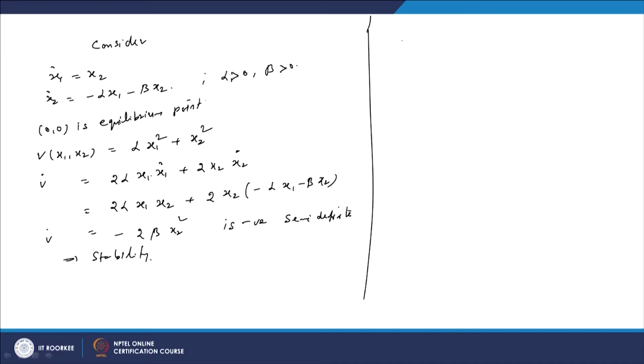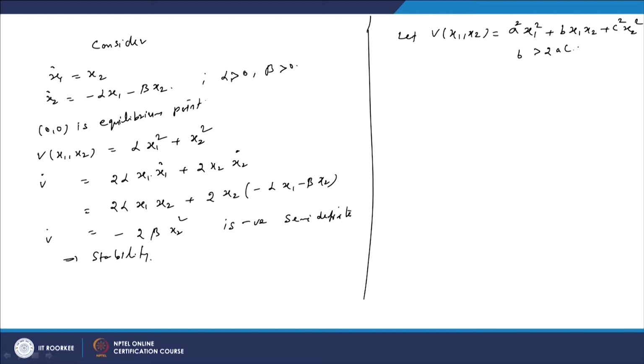For example, if you consider v of x1 comma x2 equal to a square x1 square plus b x1 x2 plus c square x2 square, if we take a function like this in such a way that b is greater than 2ac.